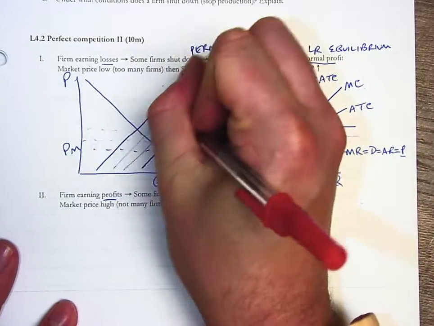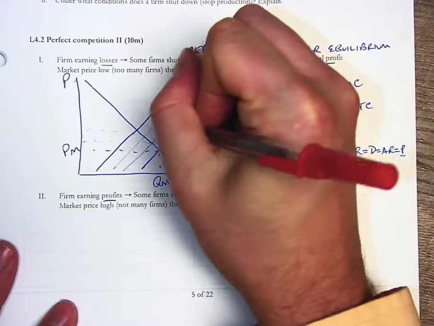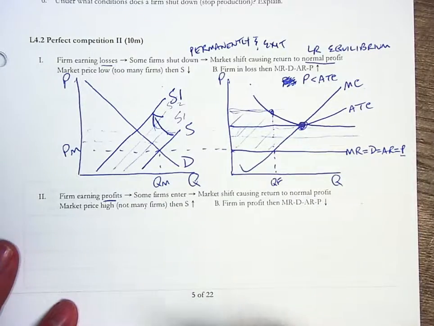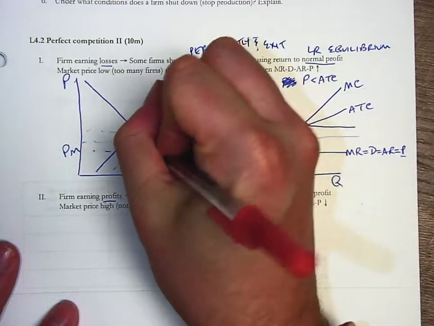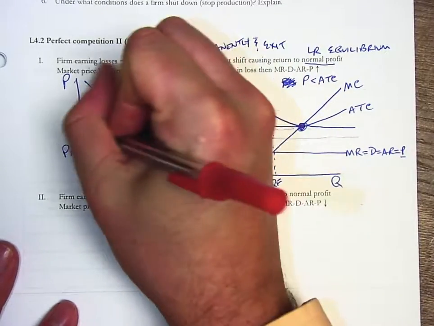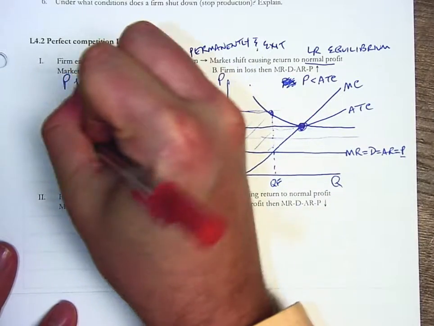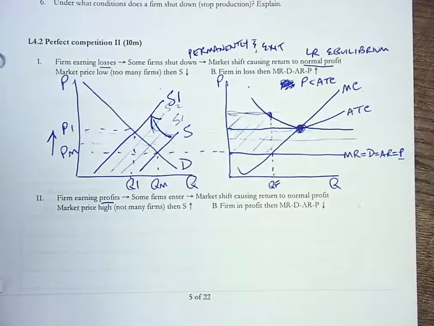That new curve will happen pretty quickly, given that in perfect competition there's free entry and exit. There are no barriers to entry and exit.